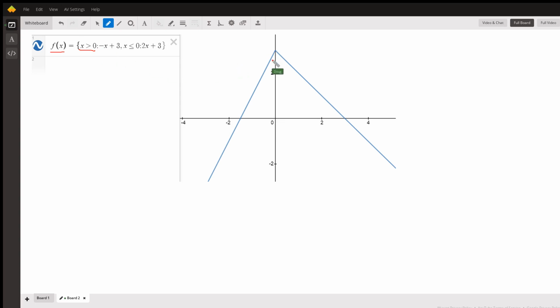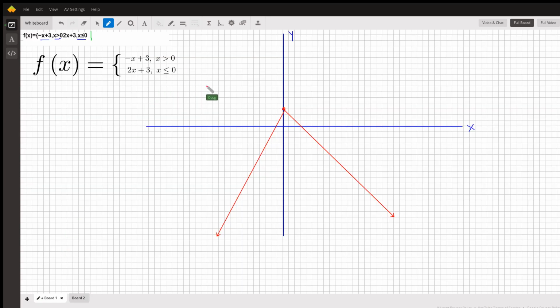So that's this ray right here. And then a comma, and then you do the next piece. So there's the piece of the domain for the second rule, x is less than or equal to 0, colon, and there's the rule, 2x plus 3. And of course, you could have as many pieces as you want. But there you go.